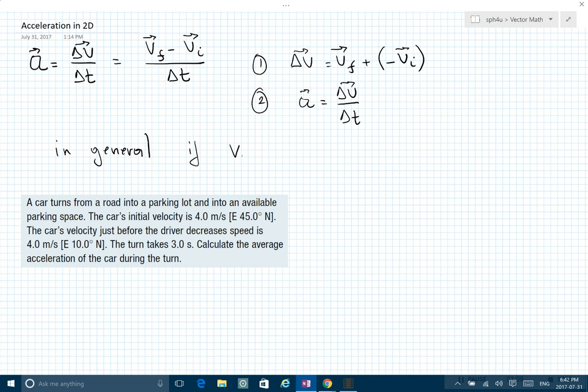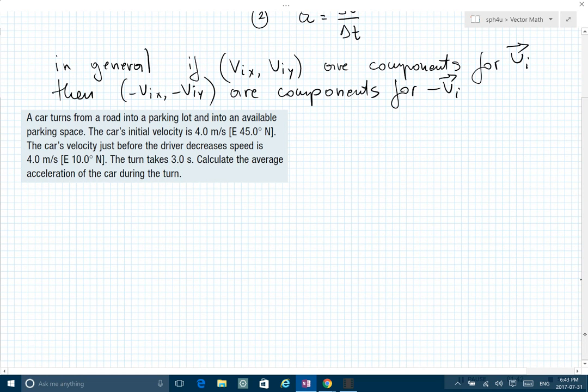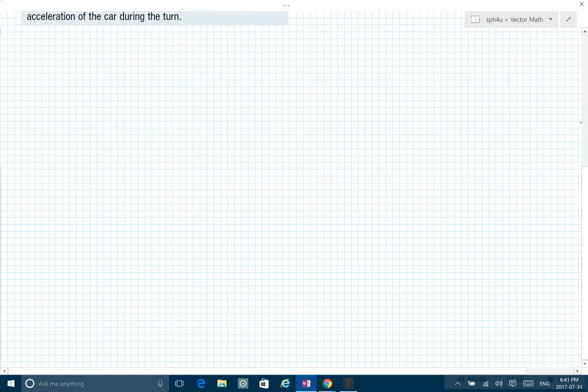If vix and viy are the components for vi, then negative vix and negative viy are components for negative vi. All right. So the best thing to do here is we can draw it as well, just to visualize it. But remember, when you do the component method, you don't really need to.